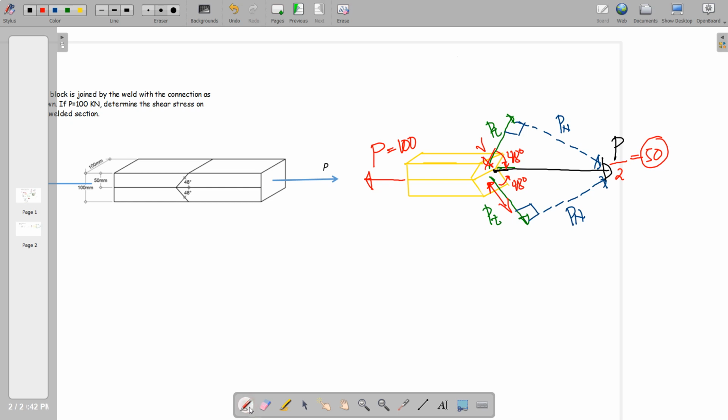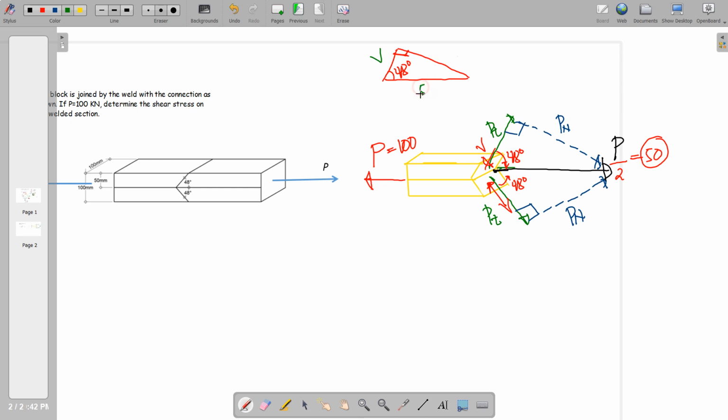And I think we have here a right triangle relating to your mother force. Say this is the perpendicular angle. This is 48 degrees. This is your shear, which is P tangential.